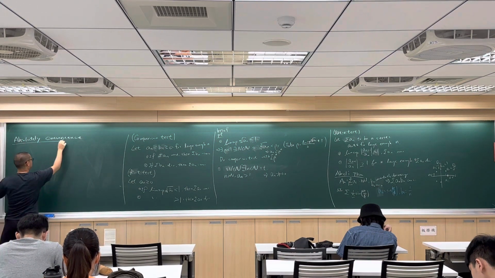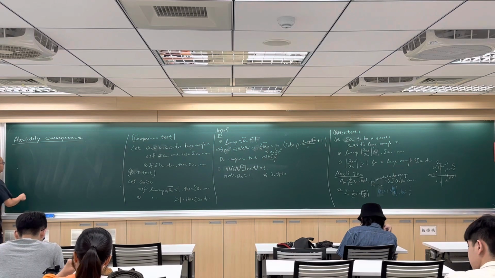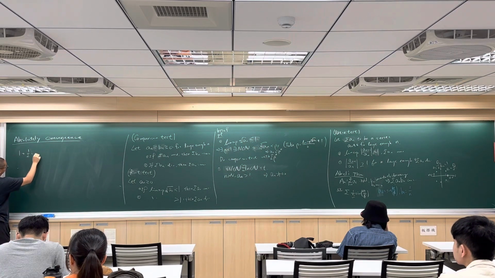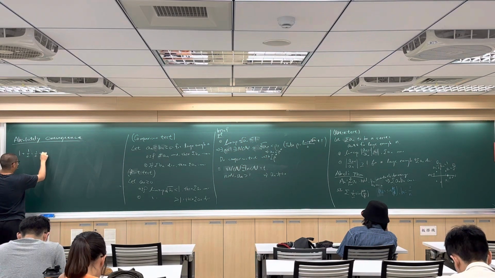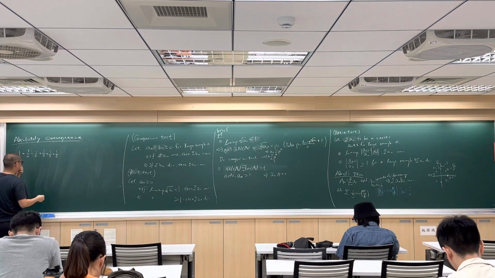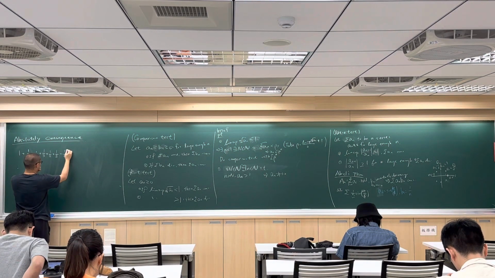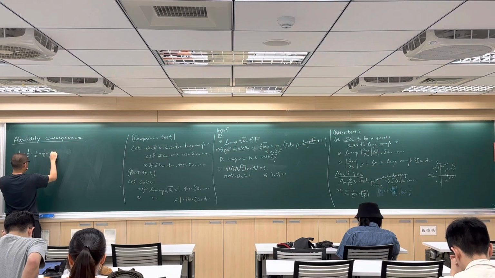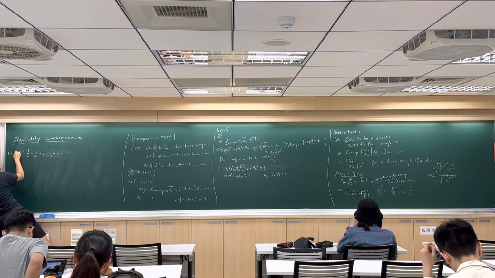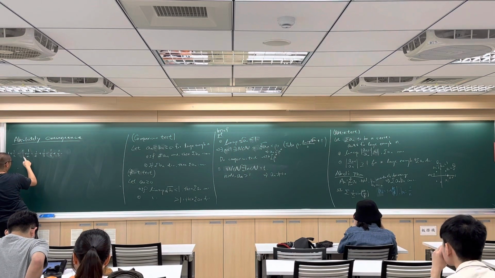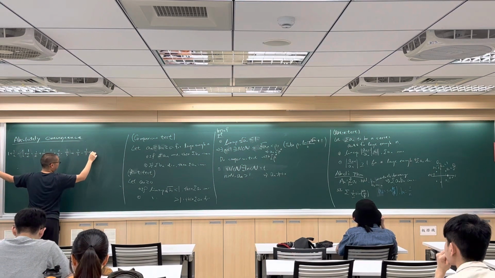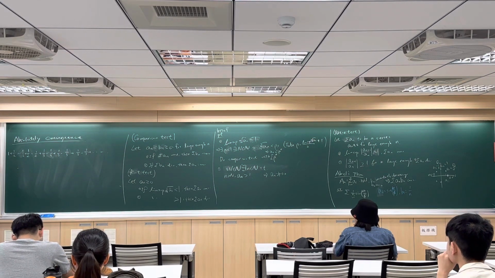Just try to observe a series like 1 plus 1 over 2 minus 1 over 2 plus 1 over 3 minus 1 over 3 plus 1 over 3 minus 1 over 3, and so on.